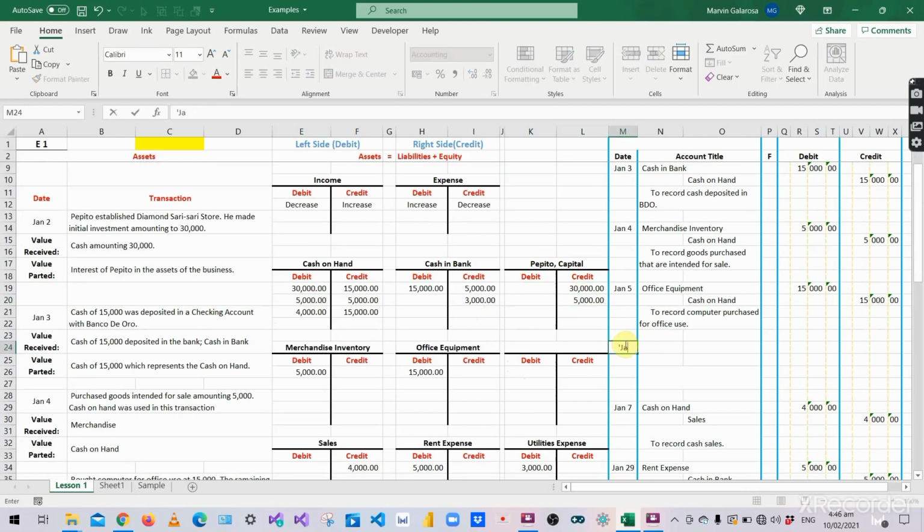So, January 6, debit cash on hand, 5,000. Credit Pepito capital, ₱5,000.